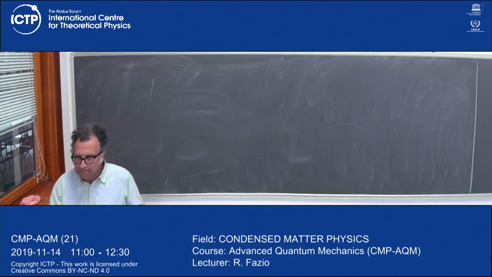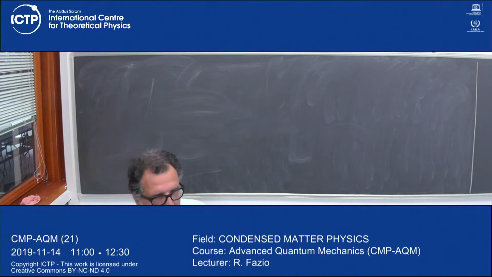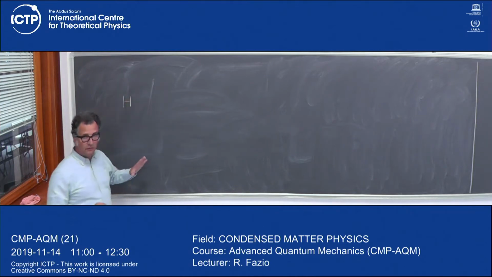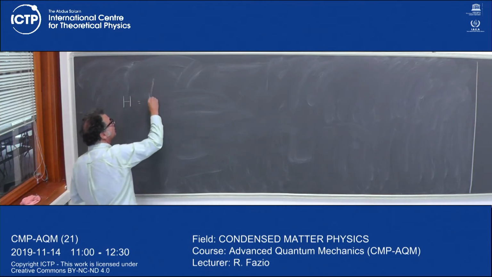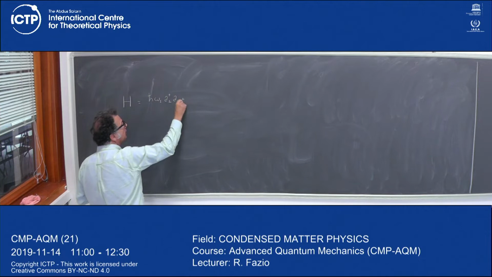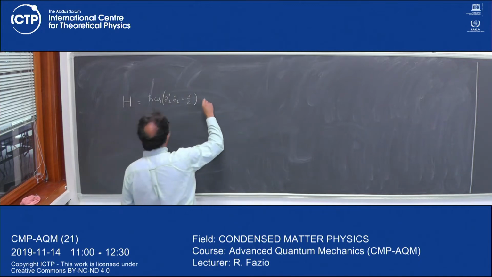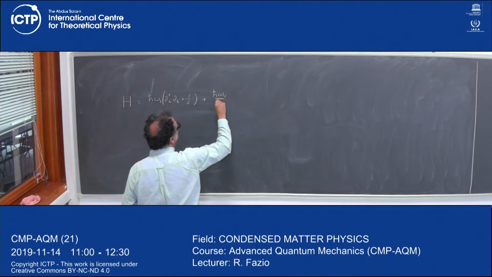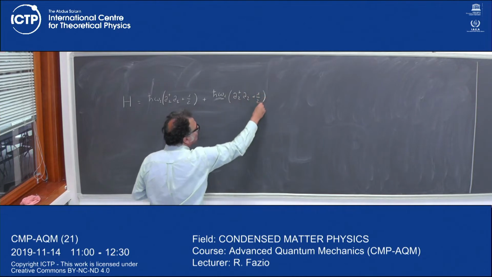I would like to consider two harmonic oscillators, which have h bar omega 1 a dagger 1 a1, plus the same for the second oscillator.